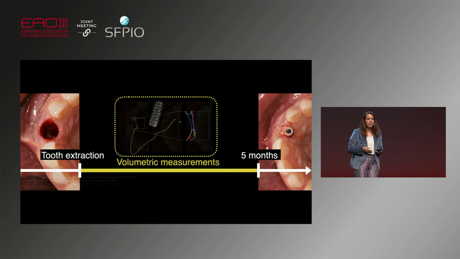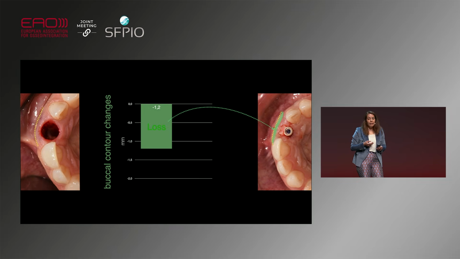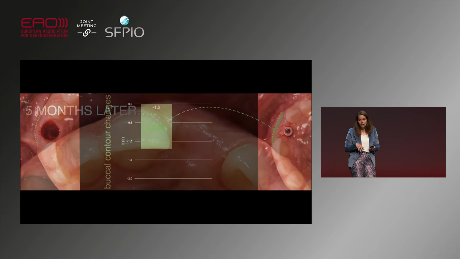For that, they took digital impressions from both time points, superimposed the STL data sets, and measured the changes. And they could see that, just for early implant placement, there is a loss of about 1 millimeter. So this is what we can expect.